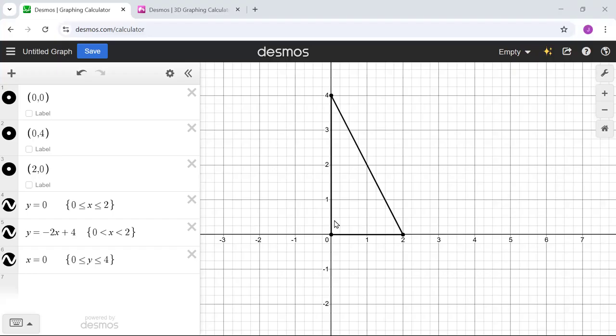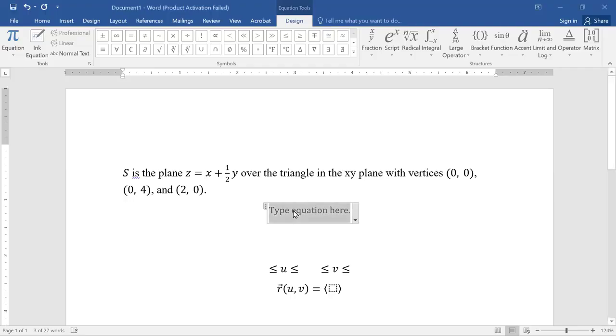So when I parameterize that surface, x is going to go from 0 to 2, y is going to go from 0 up to negative 2x plus 4. Again, let's write that down. So x going from 0 up to 2, y going from 0 up to negative 2x plus 4.